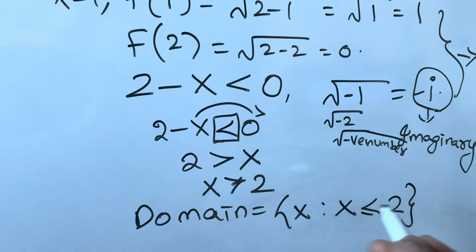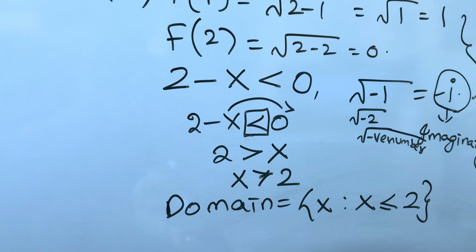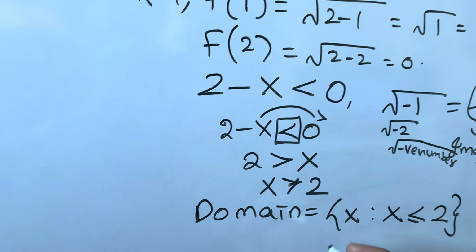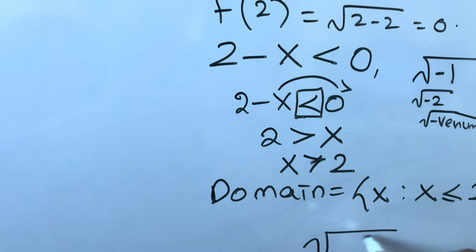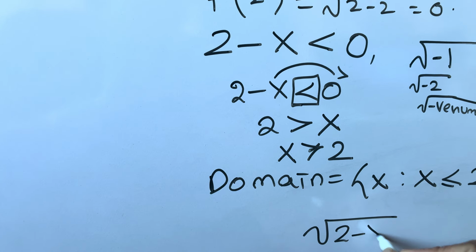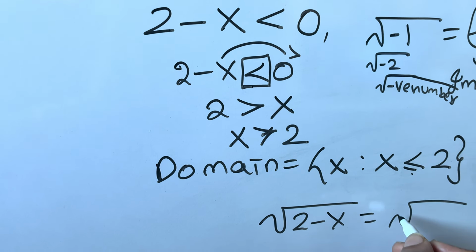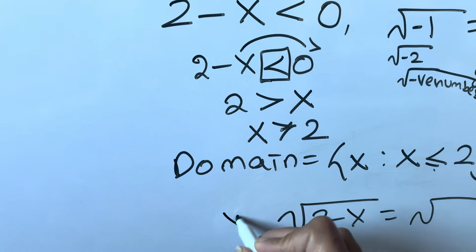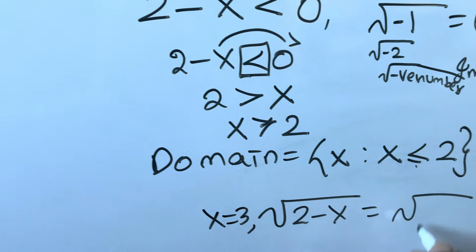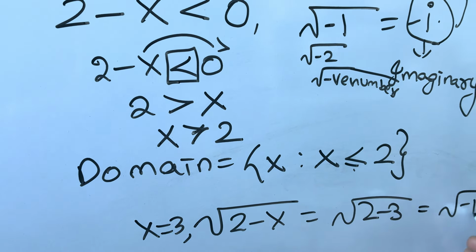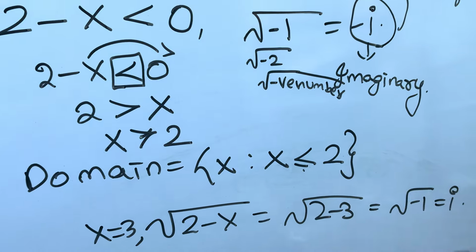So if you take the values as greater than 2, then that would be square root of 2 minus x is the function values. So if it is not less than or equal to 2, say the x value is 3, which is greater than 2, 2 minus 3, we are going to get the negative 1, which is the i value.